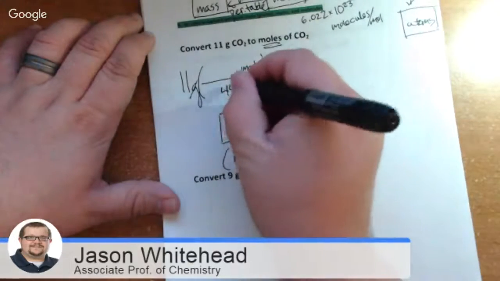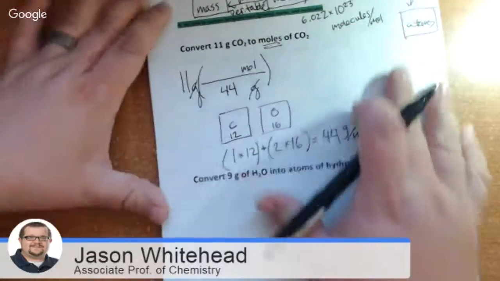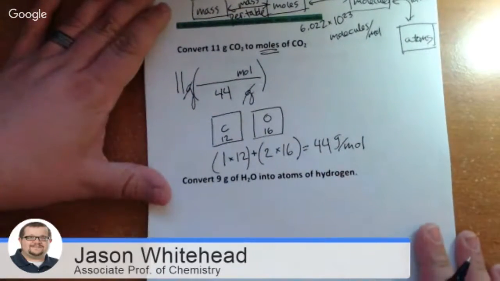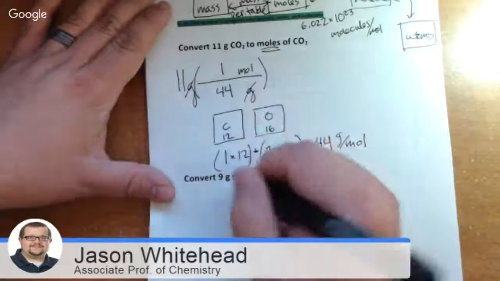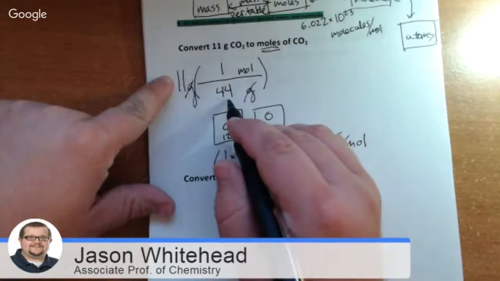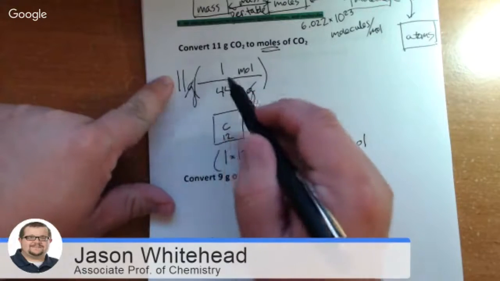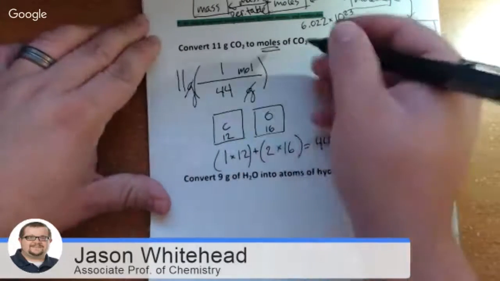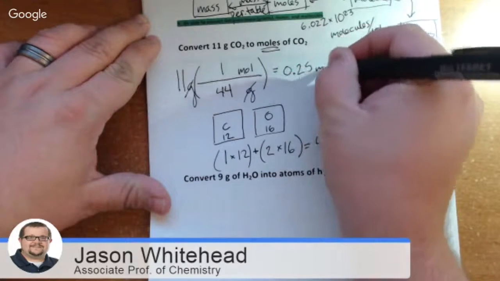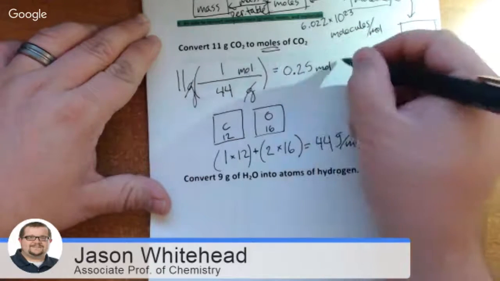Whenever you're converting, not stoichiometry, but whenever you're converting, 1 always goes with the per mole. So we've got 11, multiply by what's in the top, divide by what's in the bottom. So 11 times 1 divided by 44 works out to 0.25 moles, and this was moles of CO2.